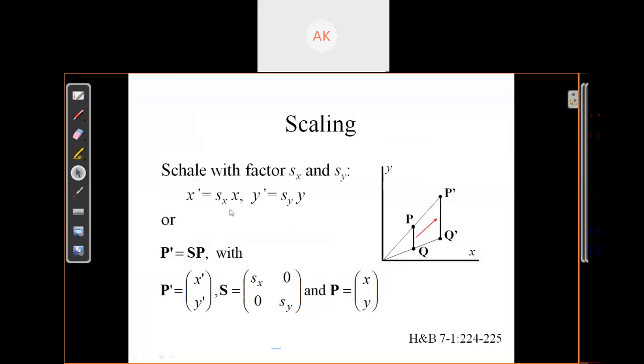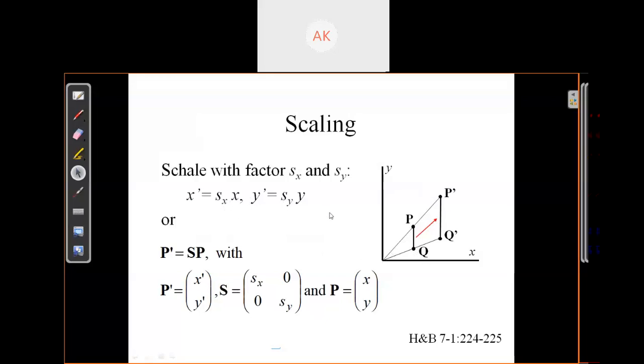Okay, in these two parameters, sx and sy are the scaling parameters. So when this is given, there's one line and we are scaling up with the scaling parameters sx and sy. Our fixed point, the point at which we are applying this scaling, is our origin again.